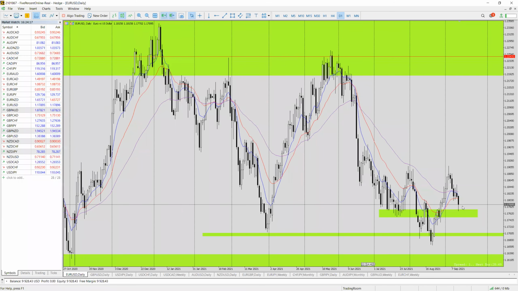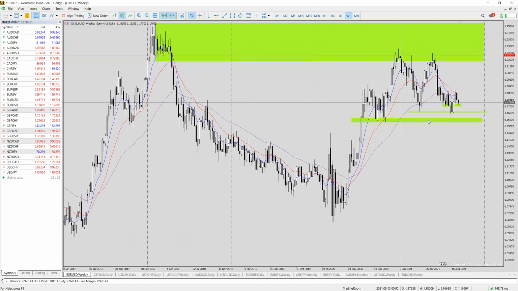So maybe we're now seeing the beginning of a right shoulder. If euro dollar closes below this zone, obviously it could continue lower all the way to this demand zone.